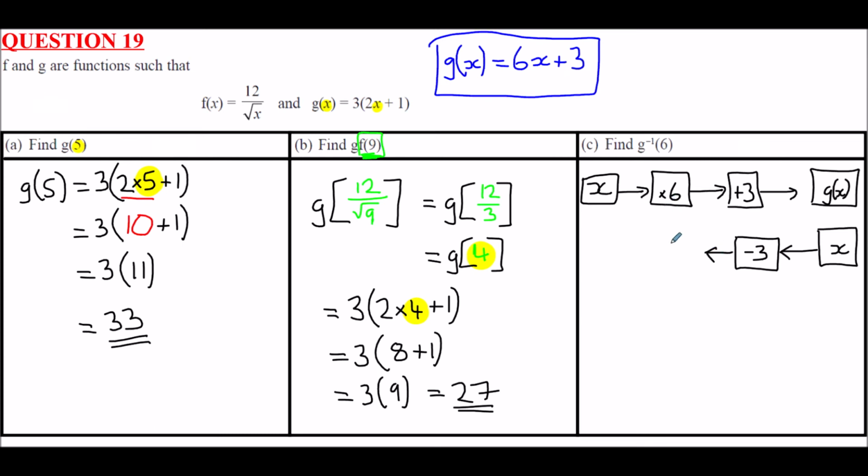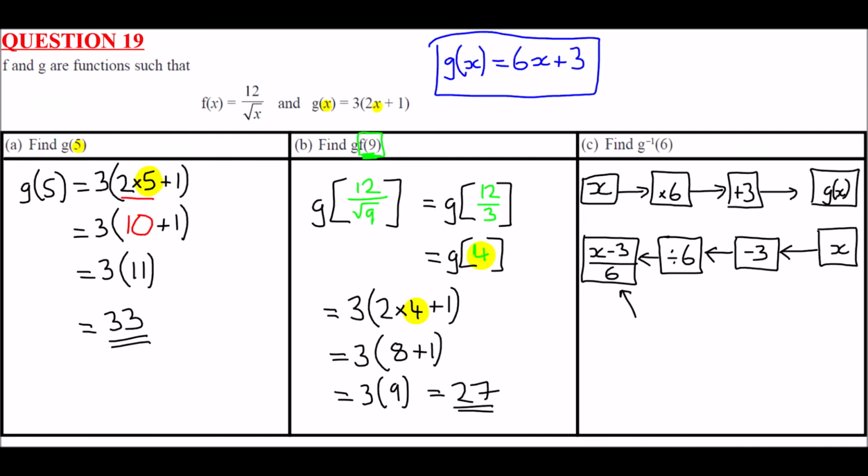This step above, we multiplied by 6. The opposite of multiplying by 6 is to divide by 6. So if we do that with x, what we'd be doing is having x, taking away 3, then dividing that all by 6. And that is therefore g minus 1 of x.